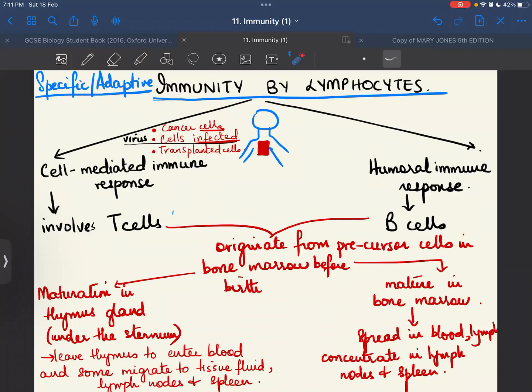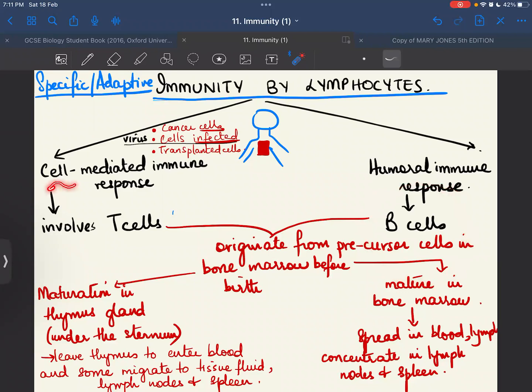We are doing specific or adaptive or acquired immunity, which we acquire as we grow and develop from the time of our birth till we reach puberty. The immunity given through specific or acquired mechanisms is the immunity given by lymphocytes. And उसके अंदर भी दो categories हैं: the immunity that involves T cells and the immunity that involves B cells.